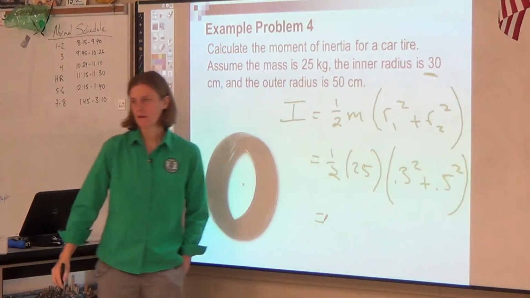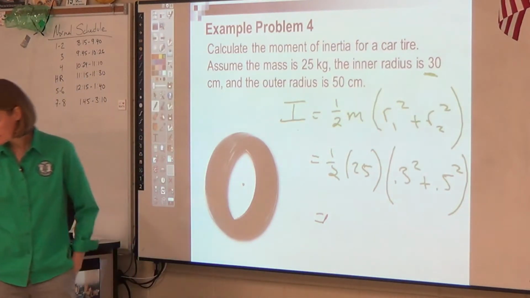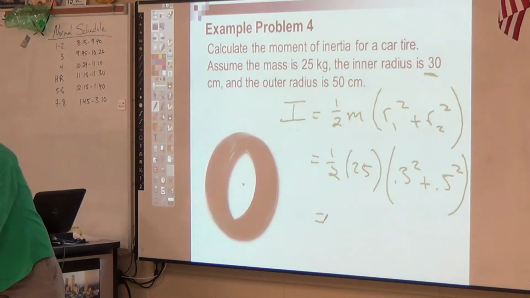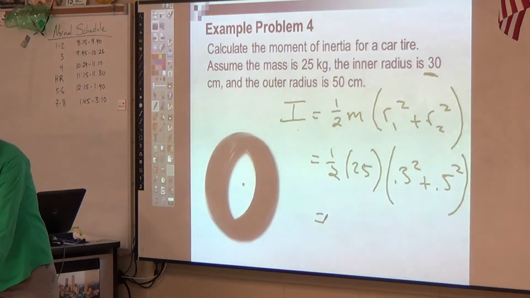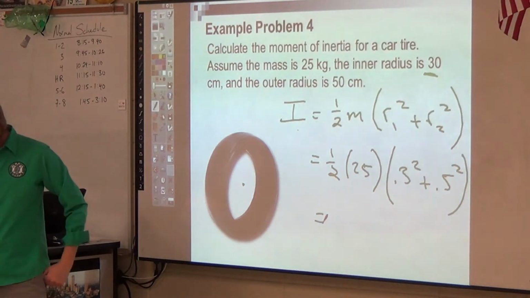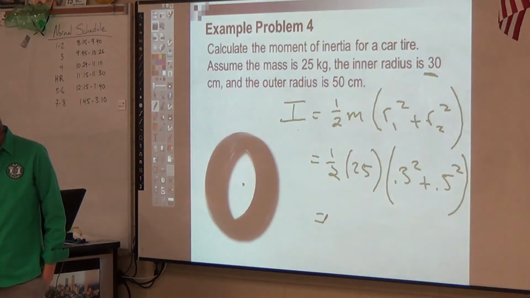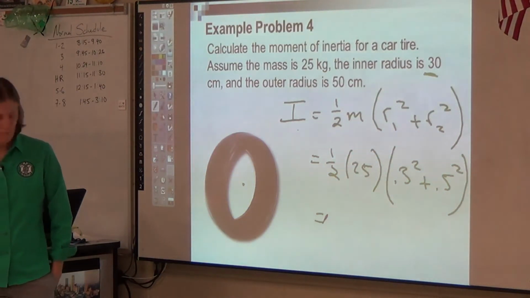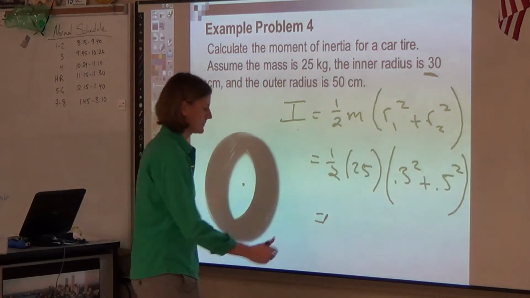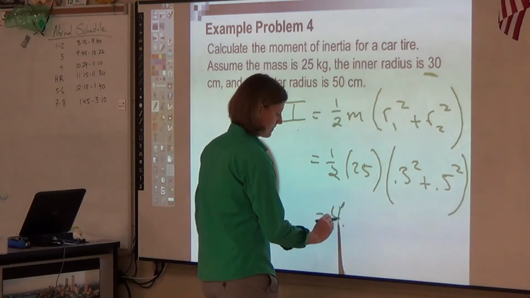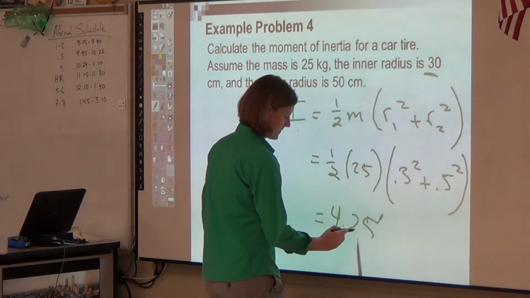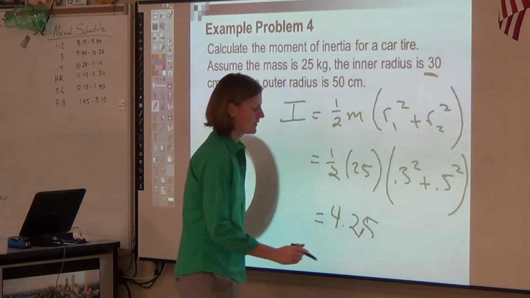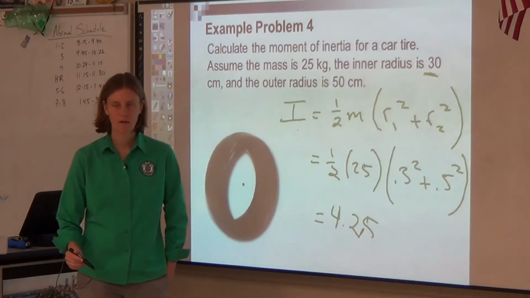So the inner radius is 0.3 and the outer radius is 0.5. Don't forget to square your radii values. Mass was fine in kilograms. And looks like we get 4.25 kilogram meter squared.